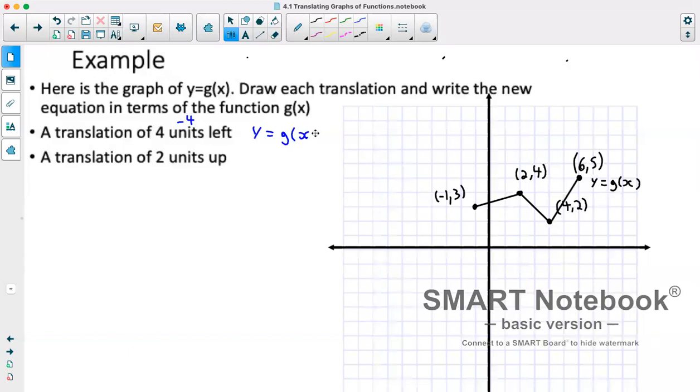So we have minus -4, which becomes +4. Now all we have to do is move all these points 4 to the left, and then join them together.